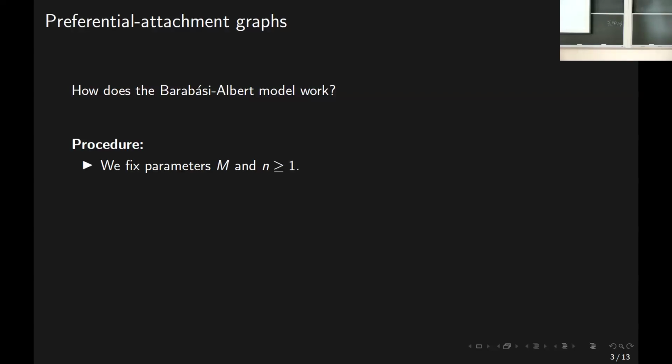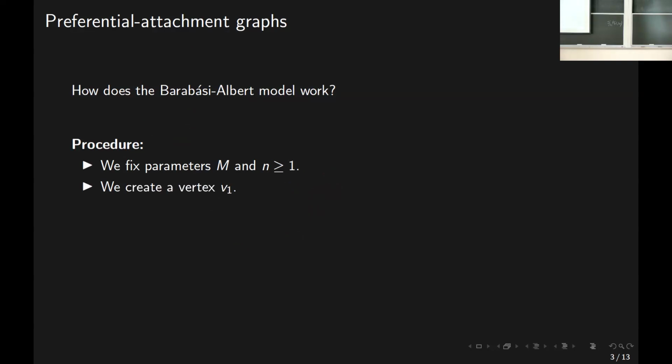How does that work? We fix parameters m and n. n is going to be the number of vertices in the graph, and m is going to be the number of outgoing edges of each vertex. That means that we are going to produce an m-regular directed graph.